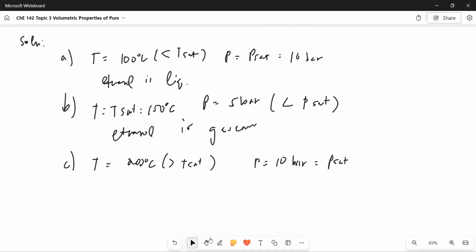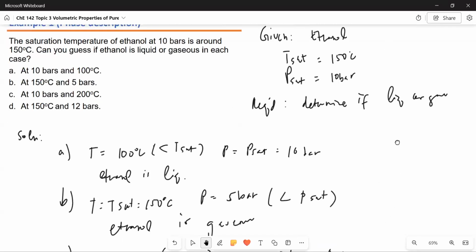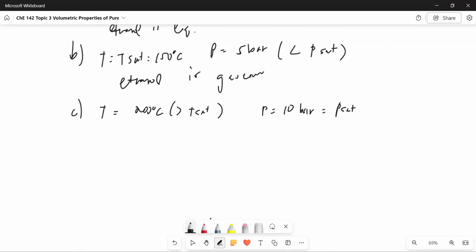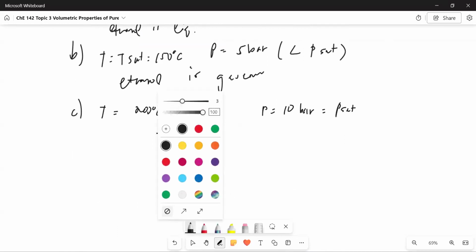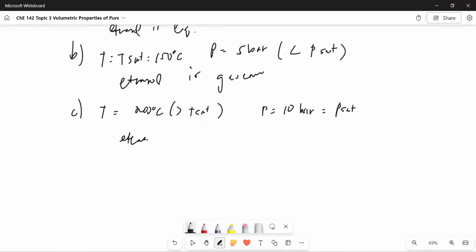Is it correct? Hold on. So the temperature is greater than Tsat, therefore the phase is gaseous. Okay, so more energy, higher temperature, more energy to move around.